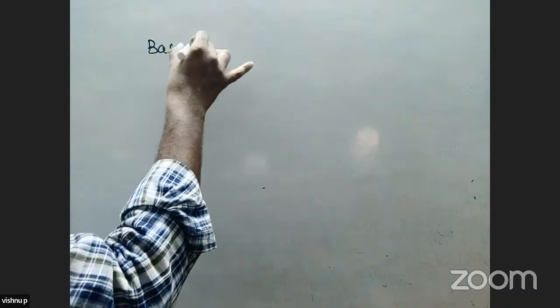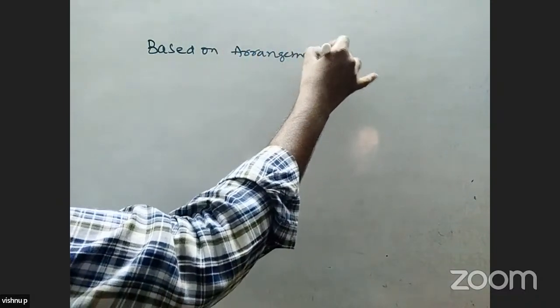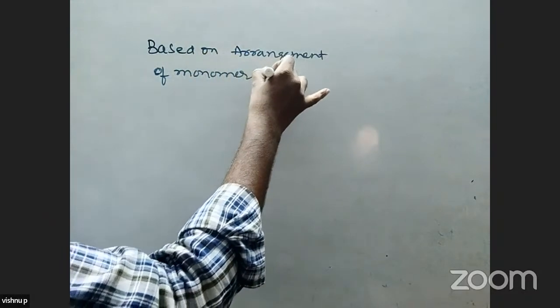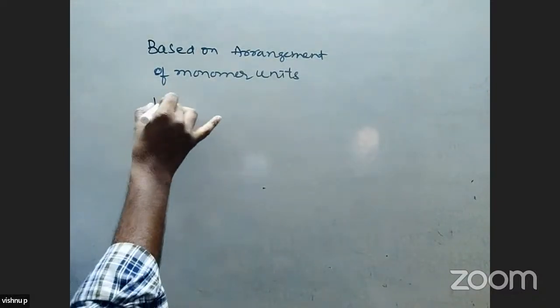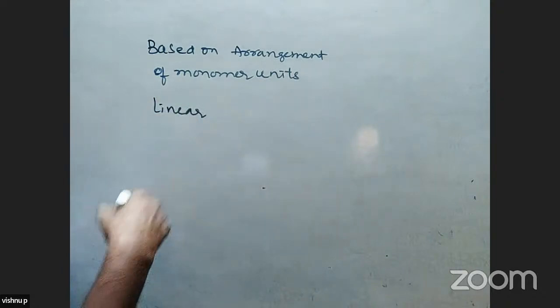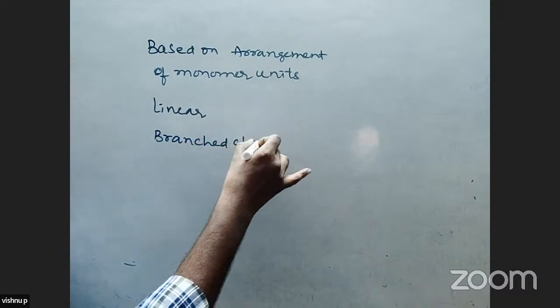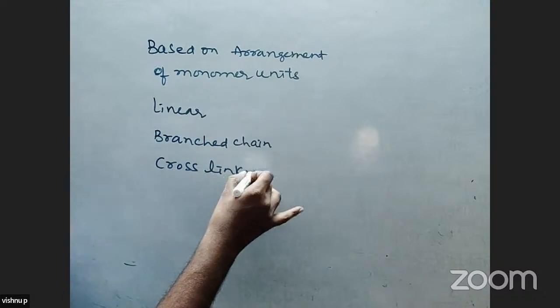Okay. Based on the next classification, the arrangement of monomer units, polymers are divided into linear polymers, branched chain polymers, and the third one is called cross-linked polymers.